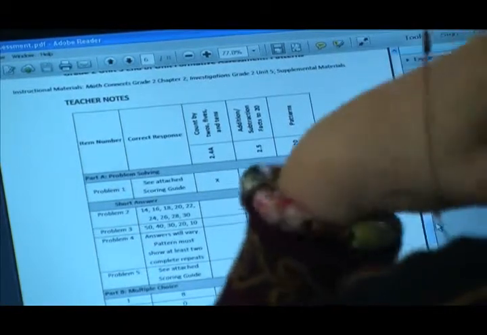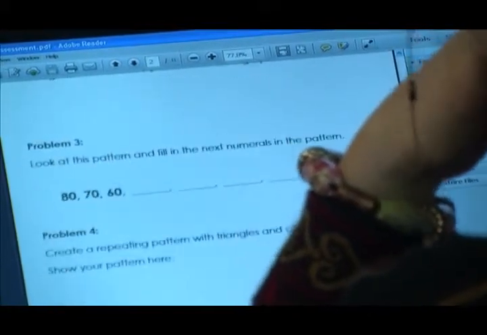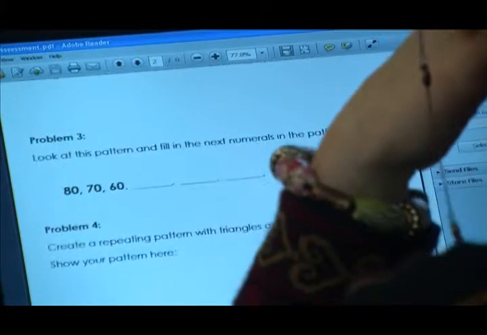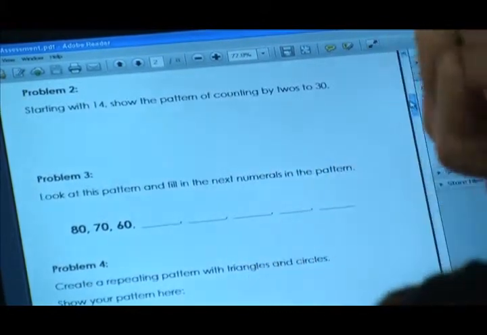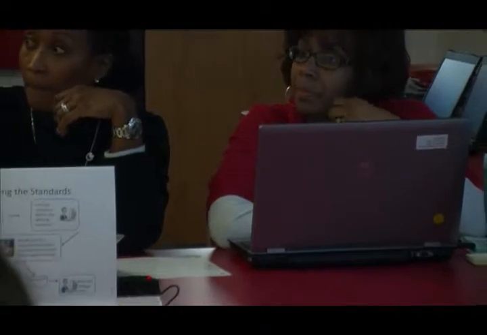So that's pretty simple. That's really something from kindergarten. That's not going to be as challenging. It would have been different if they said create a growing pattern. But this is actually something that they should be familiar with from kindergarten. So you just have to create a pattern and keep it going with triangles and circles.